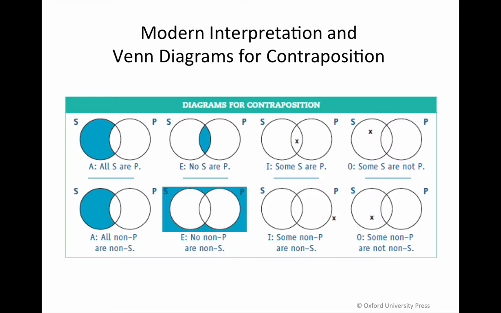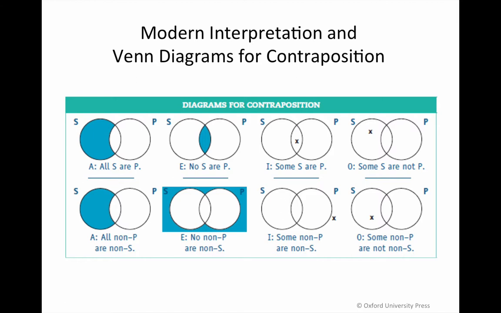Here are the Venn diagrams for contraposition. Now remember I said that contraposition is going to feel to you perhaps a bit counterintuitive. So you start with the standard form claims A, E, I, and O, which you see on the top row.